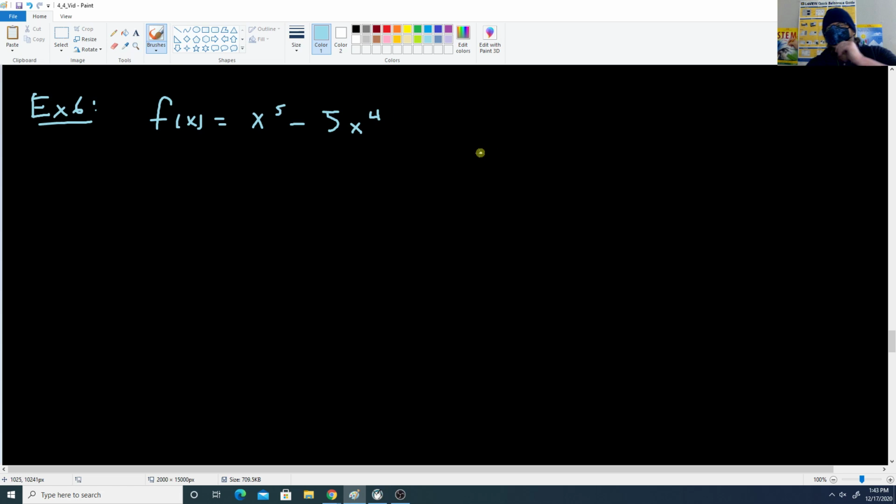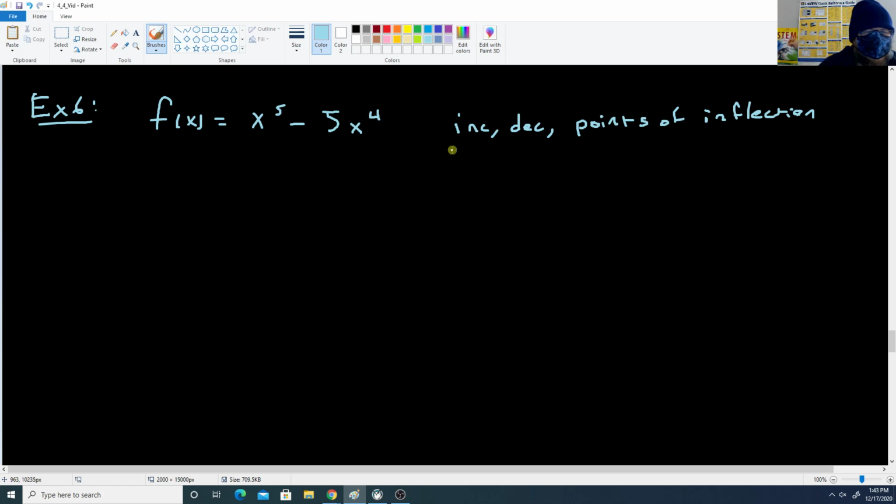And what we're going to do here is find where this function is increasing and decreasing. We're going to find points of inflection. We're going to find where we are concave up and where we are concave down.